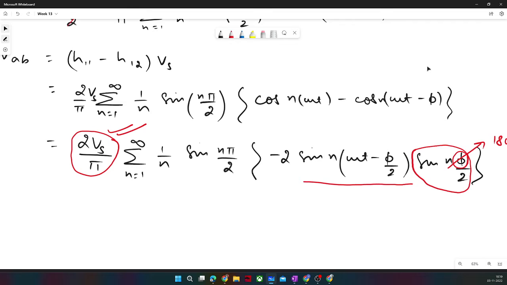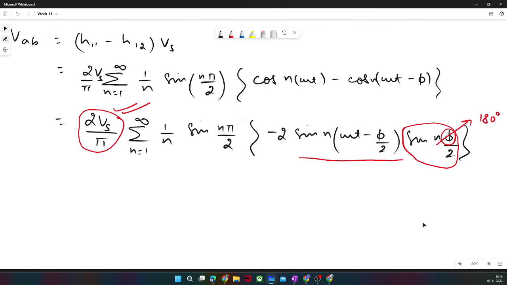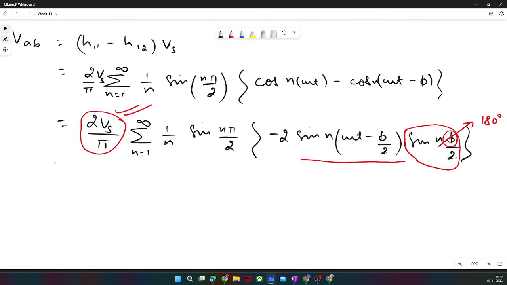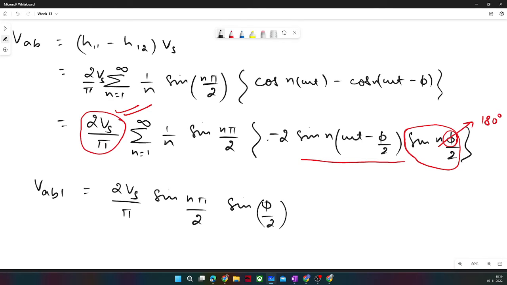So this is how we control our voltages generally. And just to complete this, I will compute the fundamental component of output voltage by putting n equal to 1. So you will get 2 Vs by pi sine n pi by 2 and sine phi by 2, and this minus 2 would get multiplied.